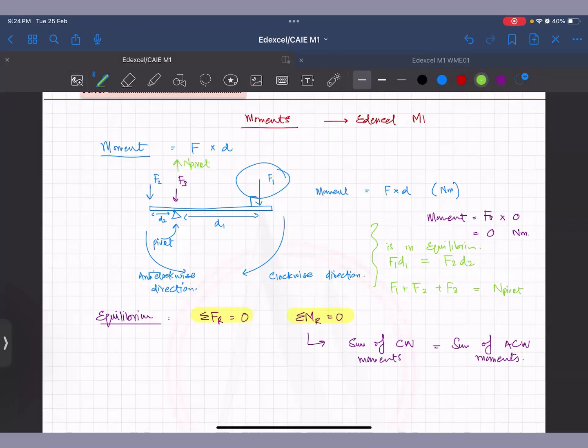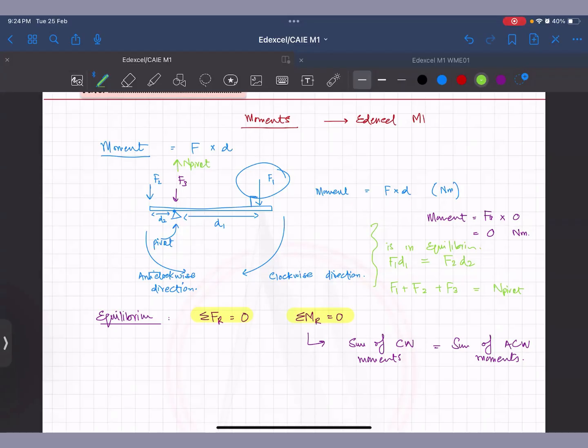Now I can say that this plank is in complete equilibrium, because the resultant force is zero, and the sum of moments around the pivot is also zero. Okay, do you get it?